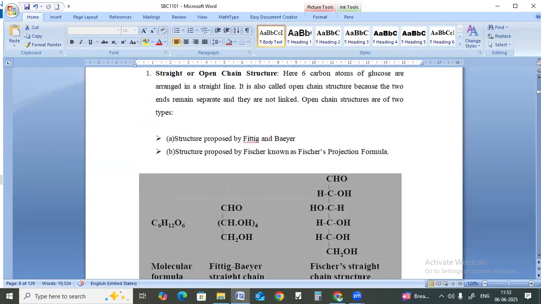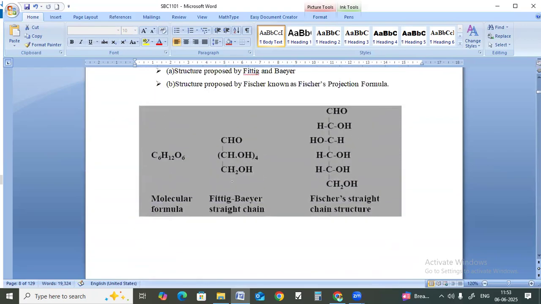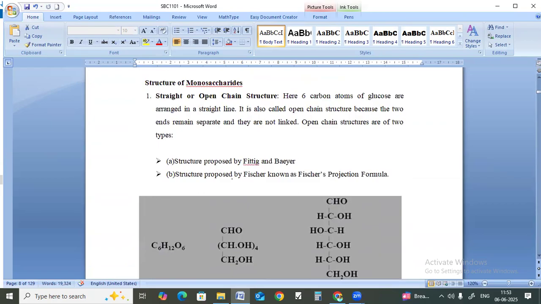One is the open chain conformation, called the straight chain conformation, and the other is the cyclic structure. In the open chain conformation, the 6 carbon atoms of glucose are arranged in a straight line, because the 2 terminal ends remain separate. They are not linked, and that is called the open chain structure.